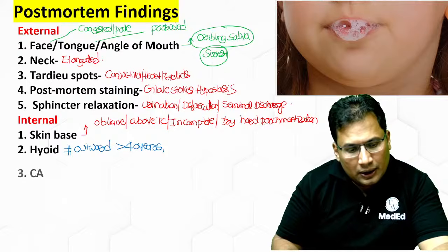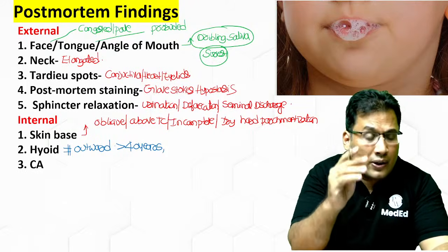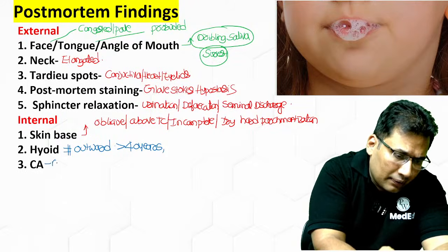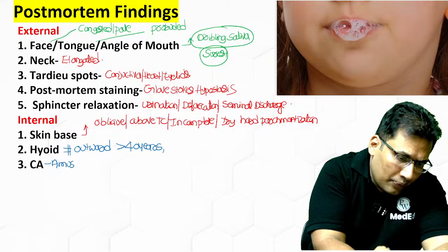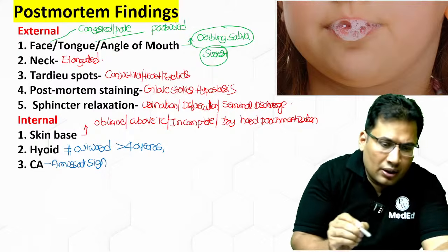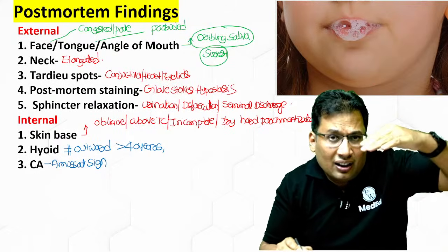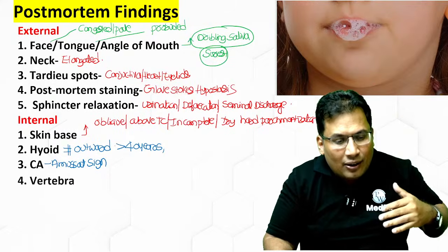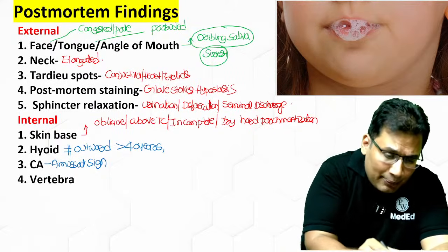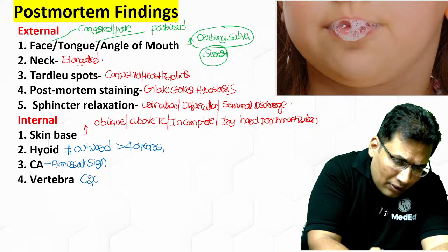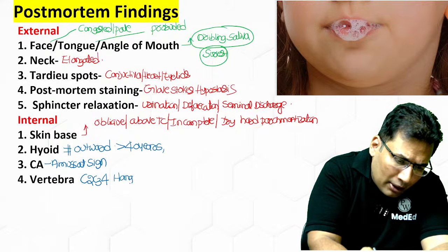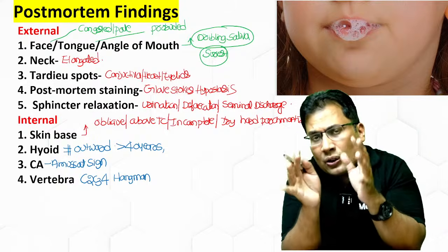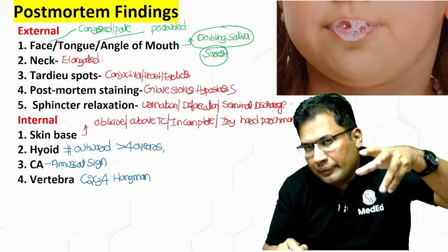Then carotid arteries show Amussat's sign, that is the transverse tear in the carotid arteries. Vertebra fracture can be seen: C2, C3, C4 fracture known as hangman fracture, also known as C2 fracture.